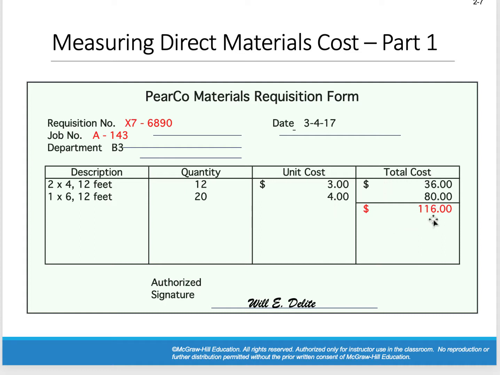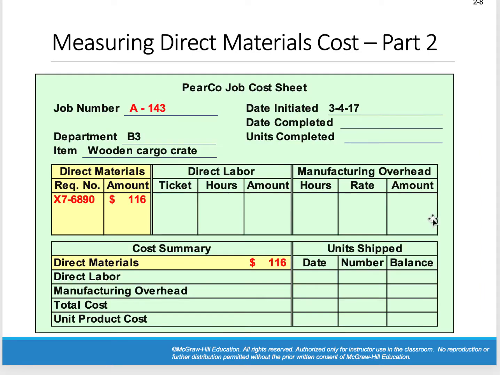So the total cost of material is $116, okay? That $116 from that materials requisition sheet flows to our job cost sheet, and we plug it into the direct materials section. We say, oh, requisition number X76890. We brought in $116 worth of material. Great.